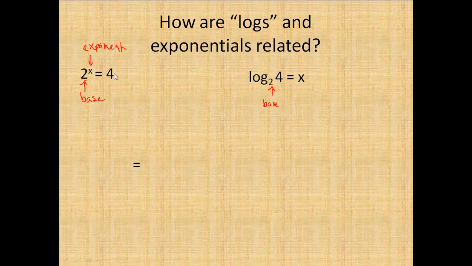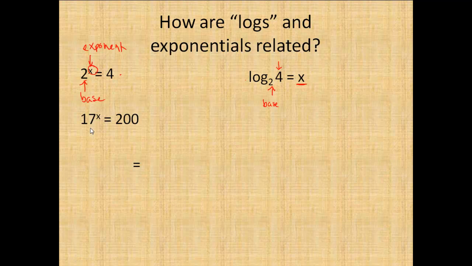So our answer has now come on this side of the equation, and the exponent, that thing that we're trying to solve for, is now our answer because that's what we are trying to find. We're trying to find that exponent. So now we would read this expression log base 2 of 4 is equal to x. And this is how we rearrange exponentials to logarithms, and vice versa.